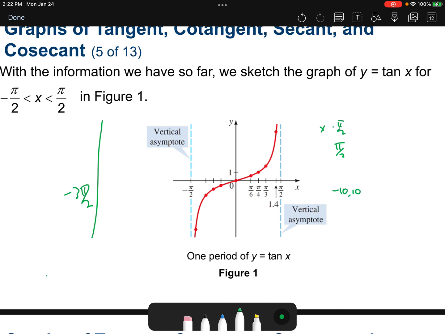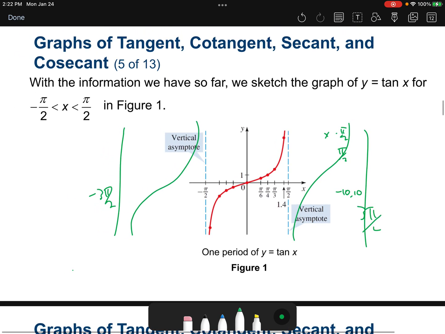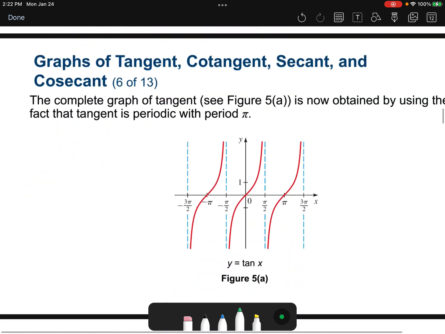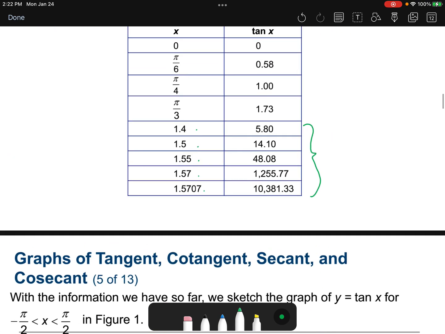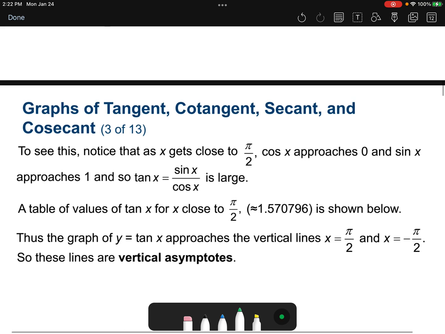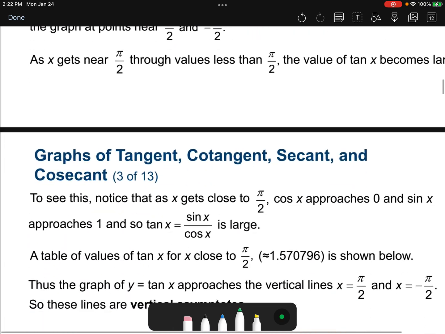So this would go on to negative 3 pi over 2 and positive 3 pi over 2, and we get the same exact graphs. That's what you're seeing on your calculator. Everywhere you see an opening, if you draw a vertical line there, those are odd multiples of pi over 2. If you went from negative 3 pi over 2 to positive 3 pi over 2, there would be three cycles.